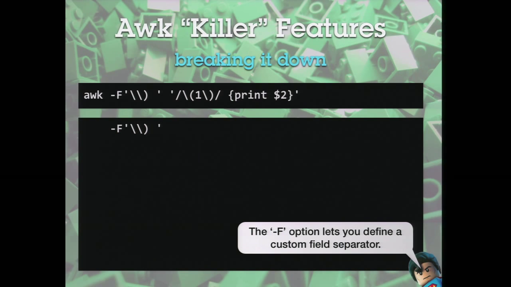So I'm telling it, find a closing parenthesis followed by a space, and use that to split the line into pieces. Now, just so happens there's only one closing parenthesis and space. So anything after that, since I'm using print $2, will just be whatever happens to be after that on that line.